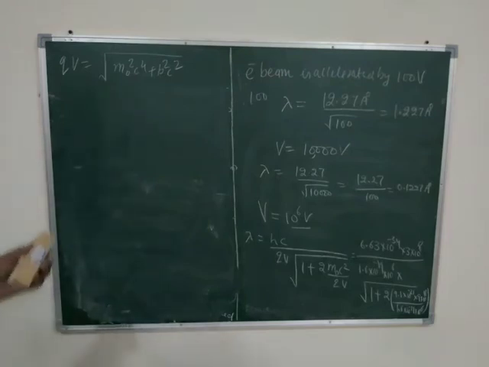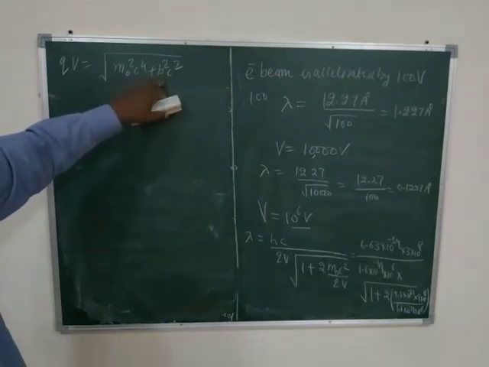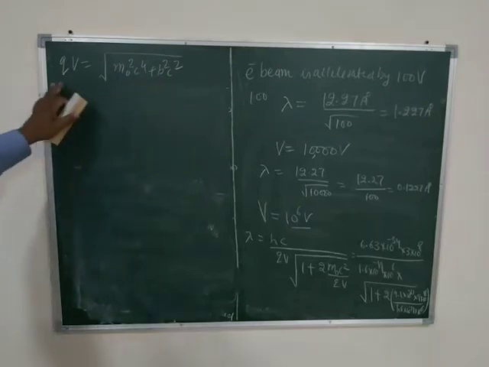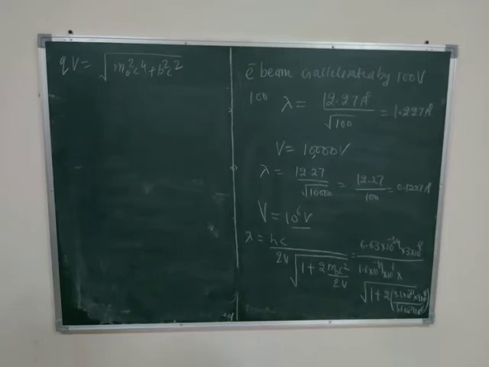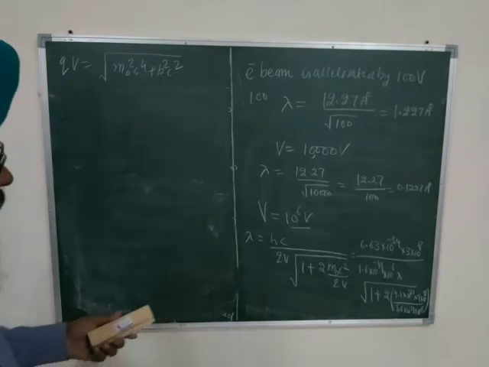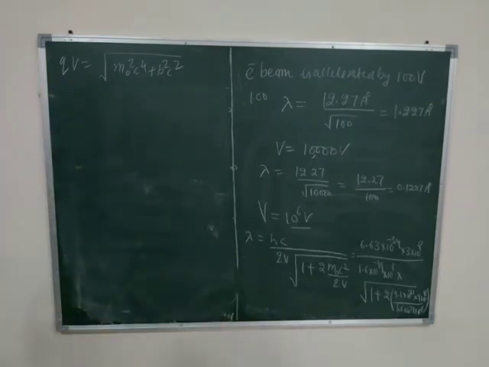You can use this formula to find the value of p. That will give you the momentum of the particle. From that you can find the speed also. So it will be comparable with the speed of light. So actually we should use this expression in such a case.